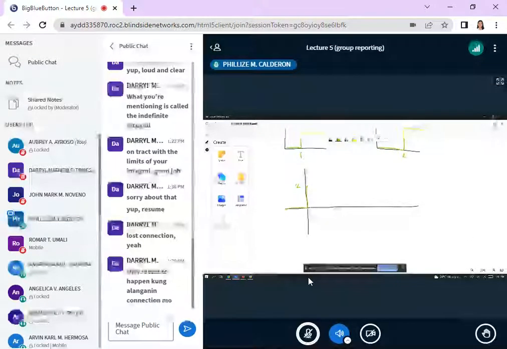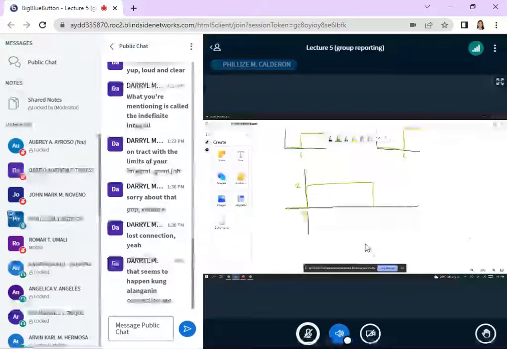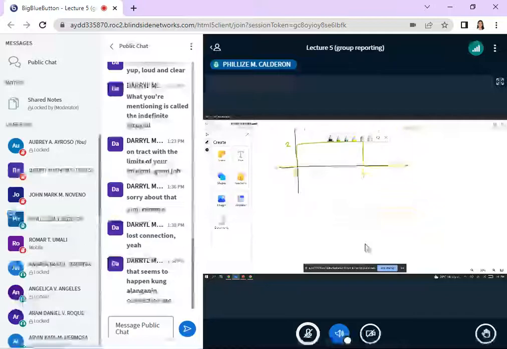Then, where n, or yung time natin, is greater than or equal to 0 but less than or equal to 4. So, from 0 up to 4. Ganyan siya.